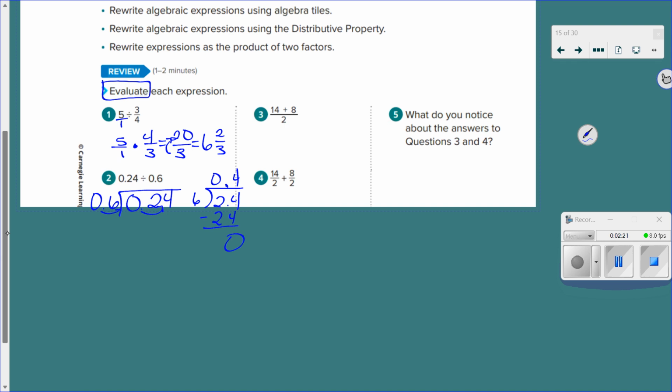All right. Number 3. What am I going to do? I add first. This is like order of operations. 14 plus 8, 22 over 2, 11. And number 4. 14 plus 8. What do I do when I'm adding fractions to the denominator?